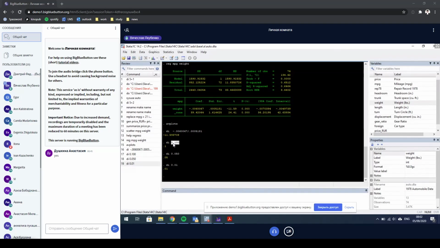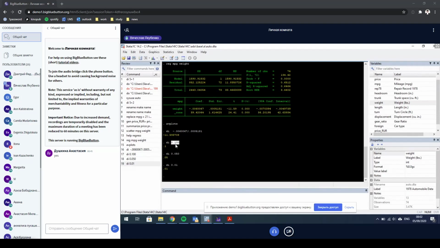Imagine if this 0.1 would be here, we would say already, no, this is not statistically significant. We cannot be sure that there is a statistically significant relationship.